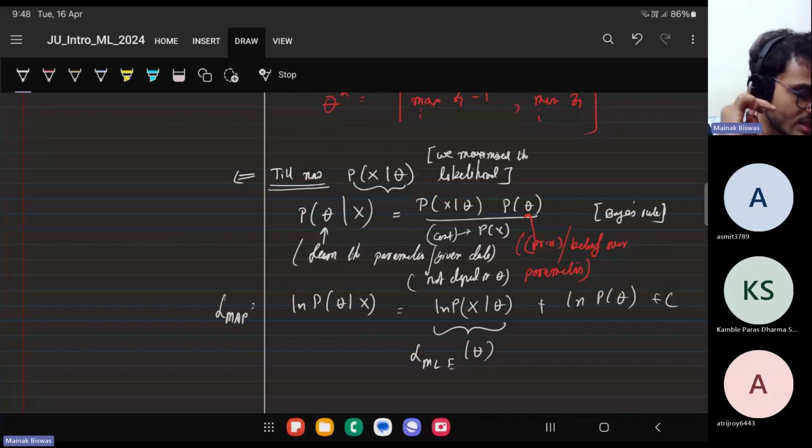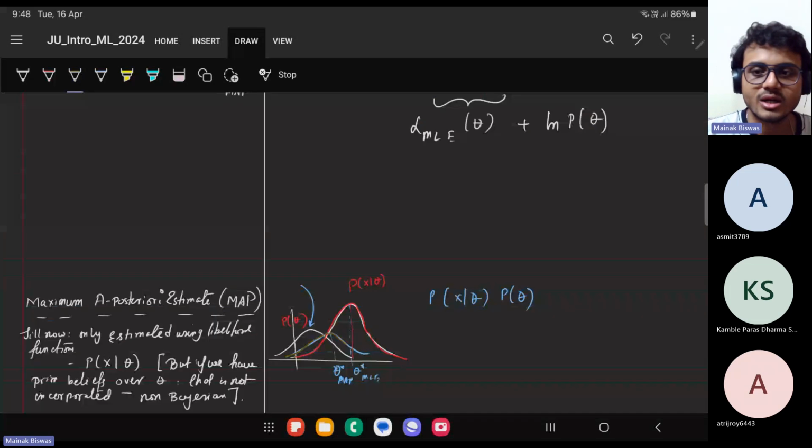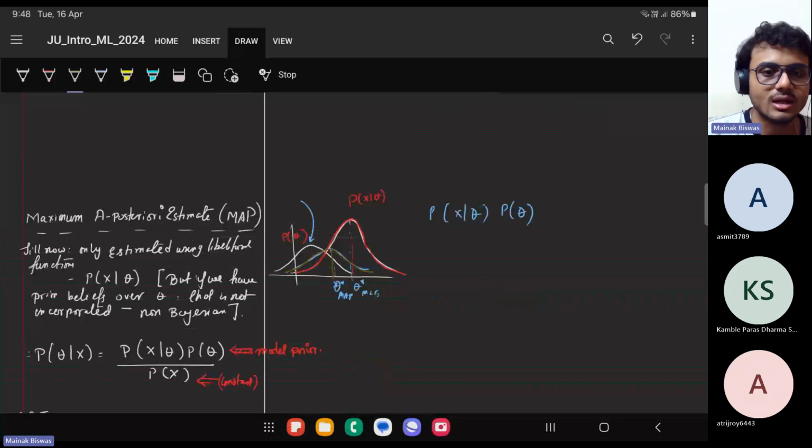You see this graph over here. If I have this idea over theta, do you agree that P of x given theta times P of theta will change? I will be incorporating both of them somehow, and I will have a new theta parameter, which is the maximum a posteriori. So the blue line over here that I put an arrow on is the beliefs over parameters.